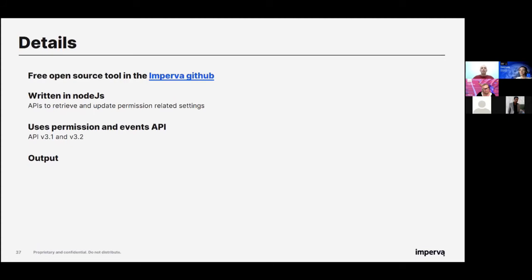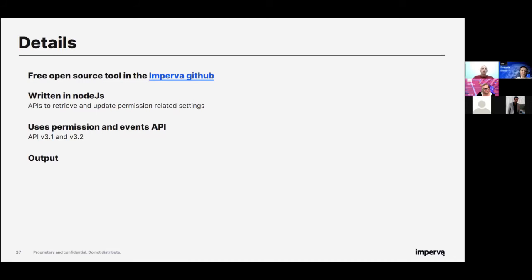You can tweak it and reverse engineer it and do whatever you want. That's the whole idea of open source. Bear in mind that those tools are not supported by Imperva, and if you have any problems, you can open a ticket within the GitHub, and if possible, it will be taken care of, but on the other side, you can fix it yourself if you want.